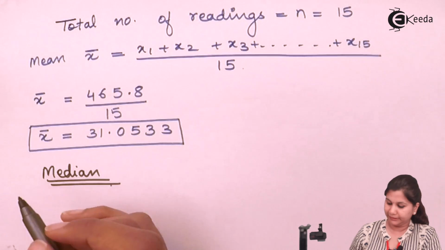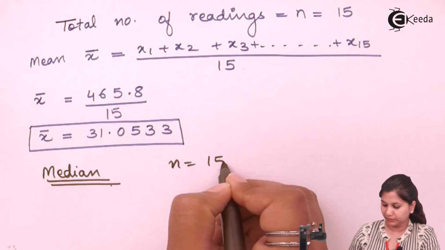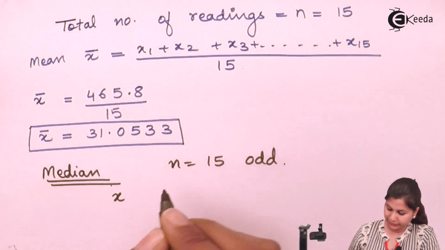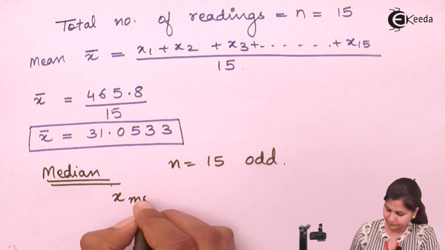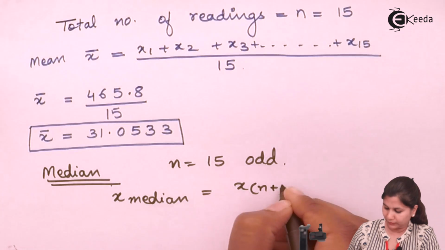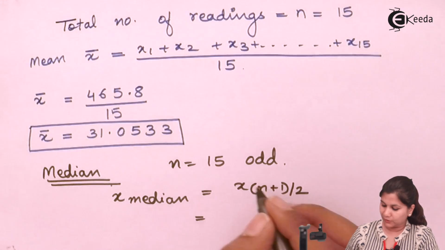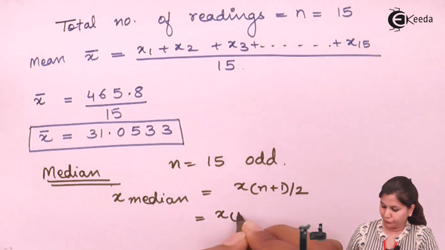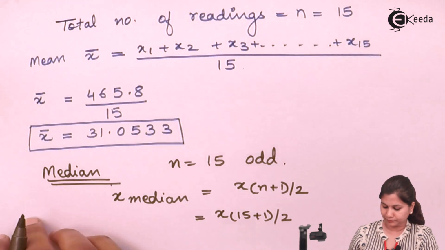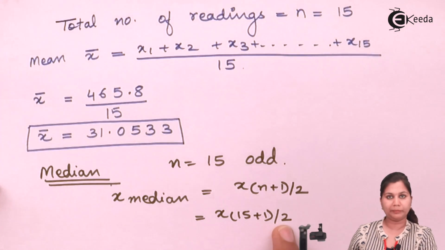Now to calculate the median, we see that the total number of readings is n equals 15, which is an odd number. So for an odd number, the median is given by x of n plus 1 divided by 2. Here n is 15, so 15 plus 1 is 16, and 16 divided by 2 is 8.